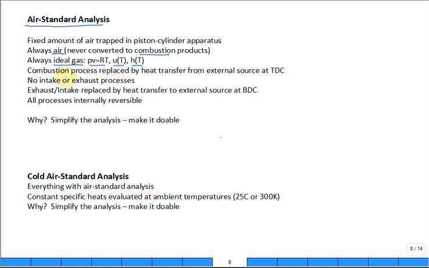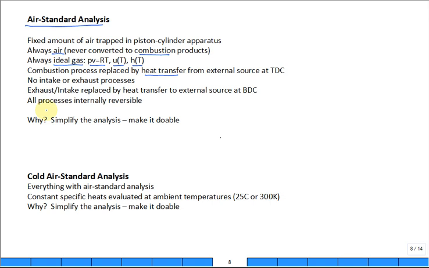Also, the combustion process is replaced by a heat transfer from an external heat source when the piston is at TDC, top dead center, and there's no intake or exhaust process. The exhaust and intake are replaced by a heat transfer to an external heat sink when the piston is at BDC, bottom dead center, at its maximum volume.